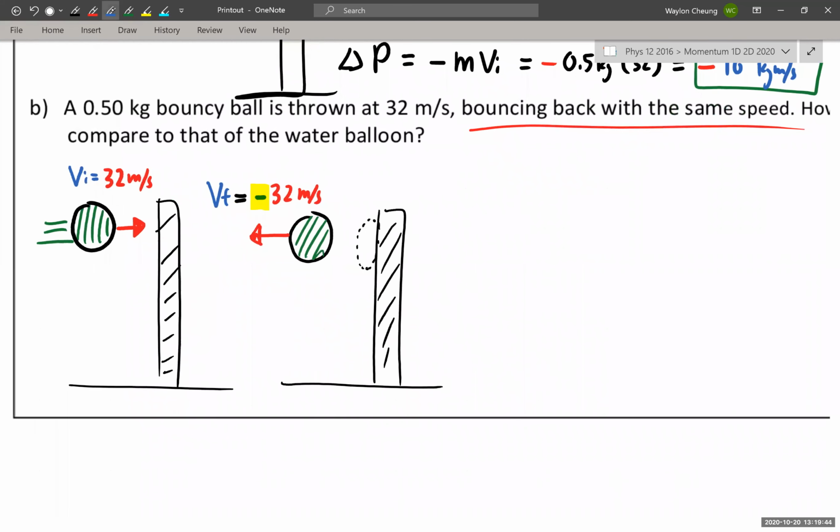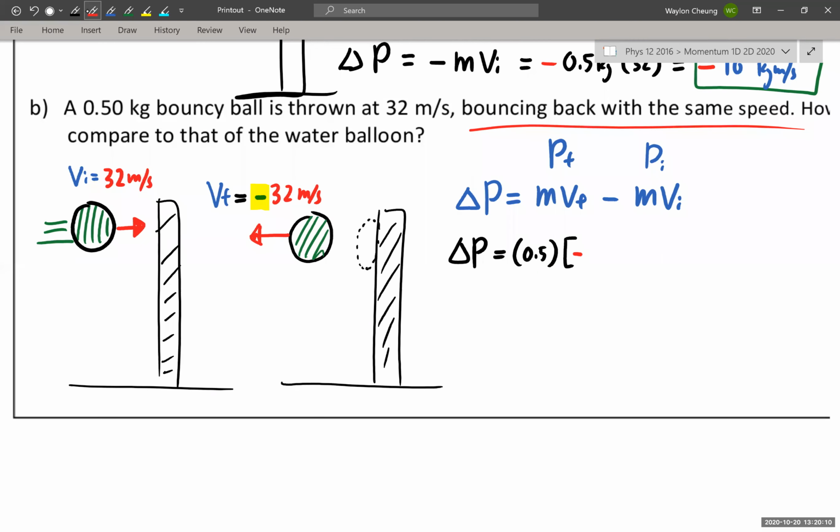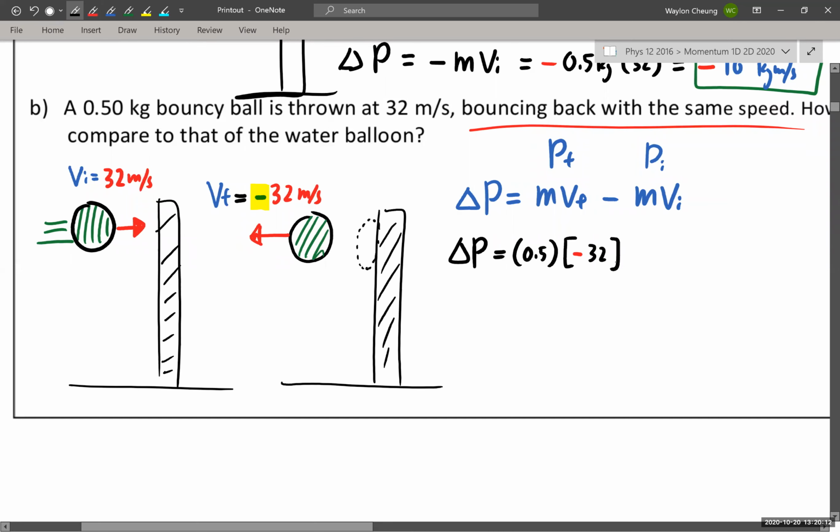Now, you're changing momentum. This time, it's going to be momentum final minus momentum initial again, right? But your V final is no longer 0. So the change in momentum is equal to mass times V final, which is no longer 0, is negative 32, minus 0.5 again, and 32.